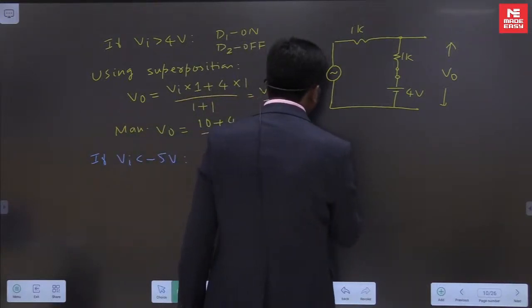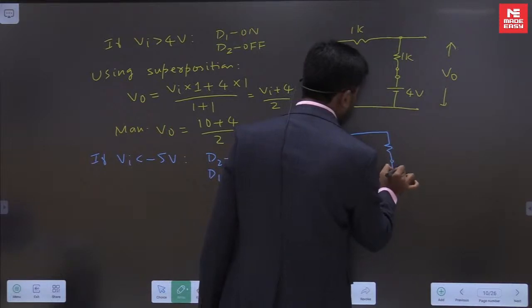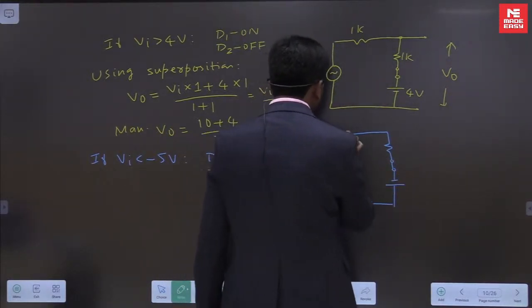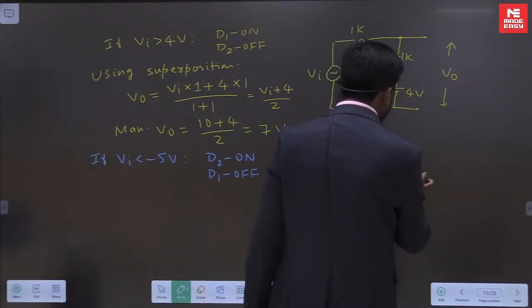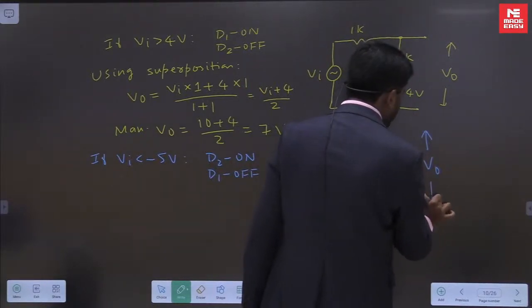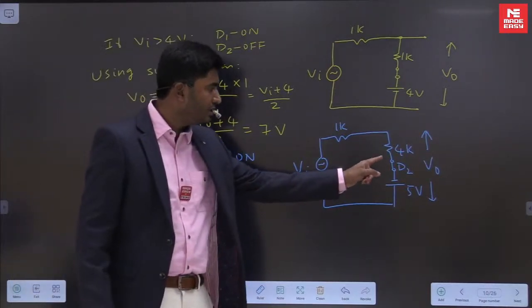And we can redraw the circuit like this. We replace D2 with a short circuit. This will be the equivalent circuit, D2 replaced by short circuit.